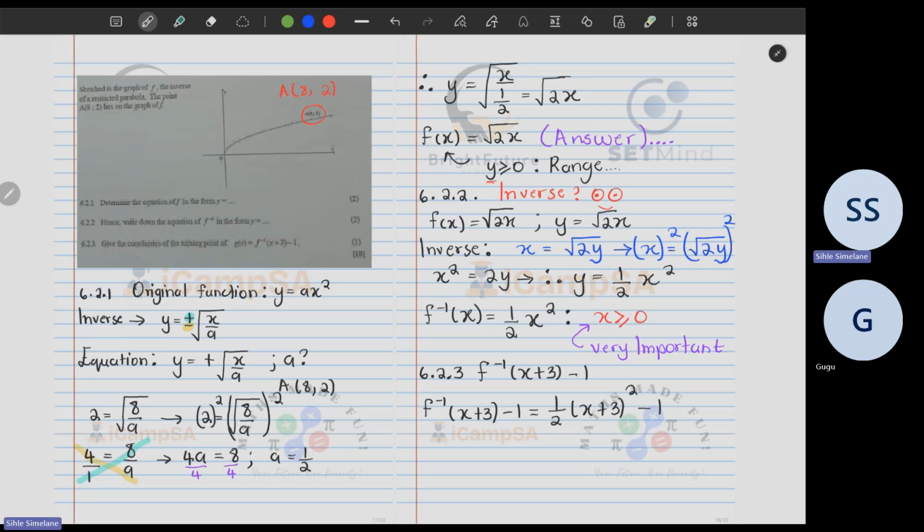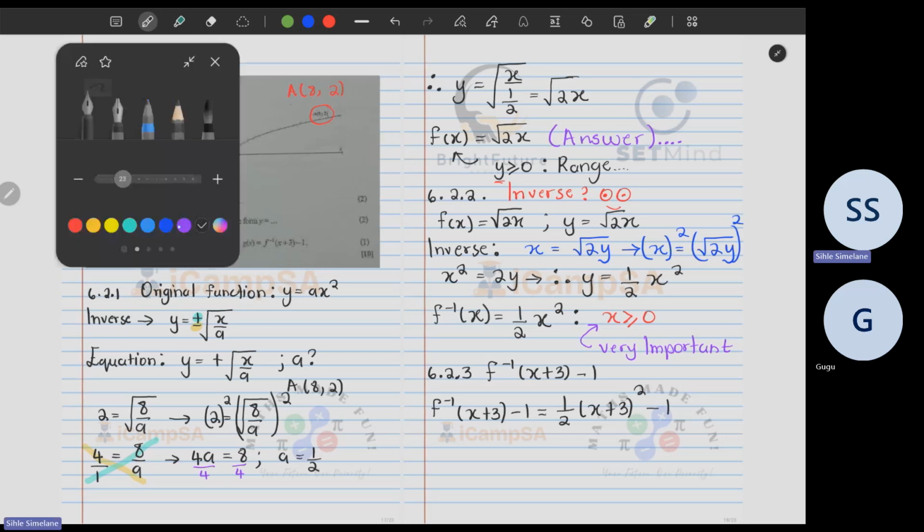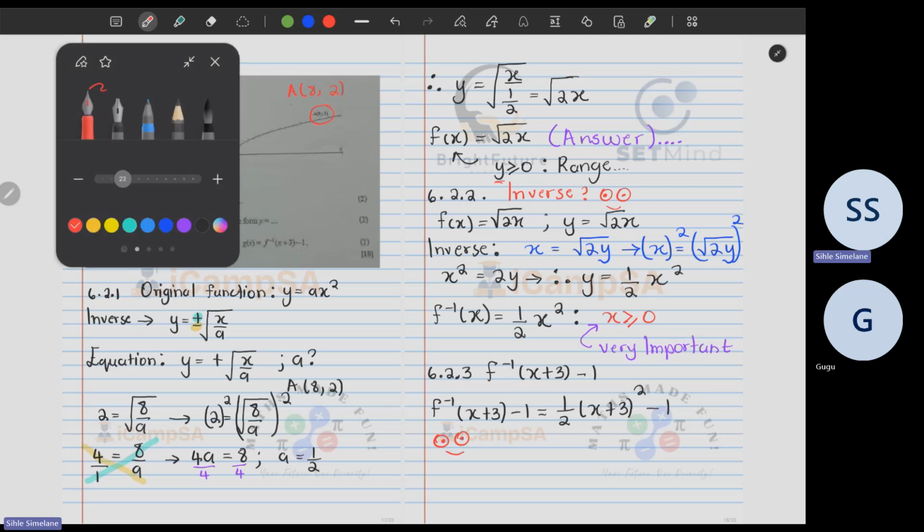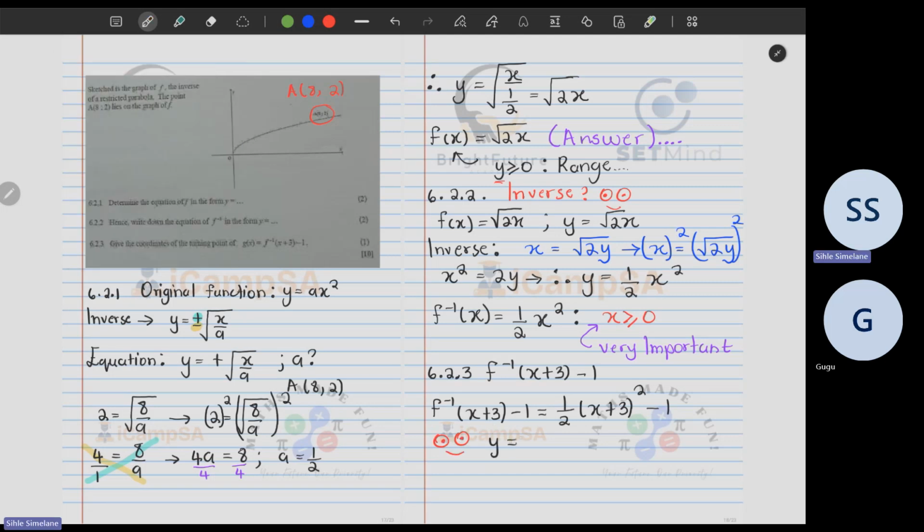And guess what? We have done this several times. You should be smiling because you actually did an equation of the form a into x minus p whole squared plus q. And your turning point is the negative of that. So your turning point would be negative of p, and q.